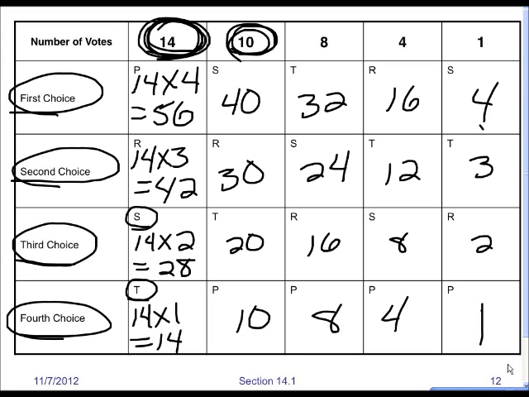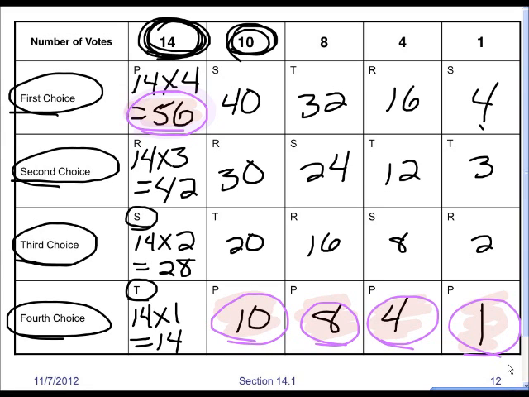We've got a Paul here, and we've got a Paul here, Paul, Paul, and Paul. So what we're going to do is we're going to add up the 56. We're going to add up the 10, add up the 8, add up the 4, and add up the 1.